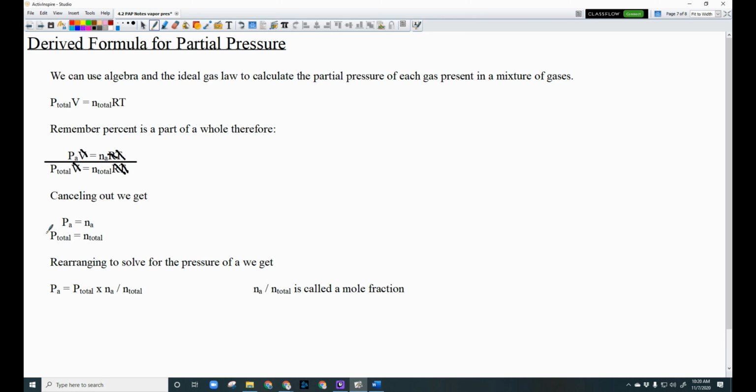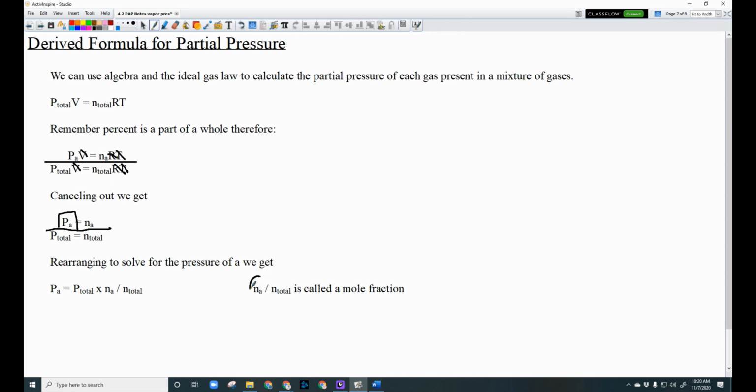And then we eliminate what we have, because what's on top cancels what's on bottom, right? And we're going to end up with PA over P total is equal to nA over n total. And if we rearrange to solve for PA, then we have P total times nA over n total.